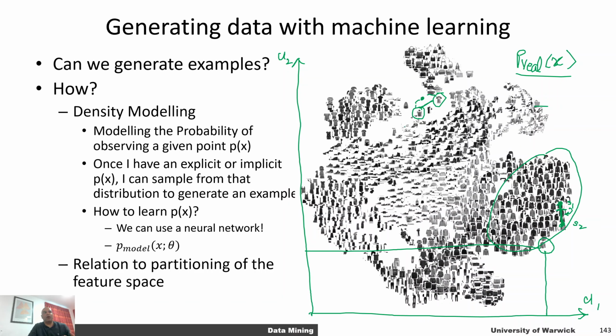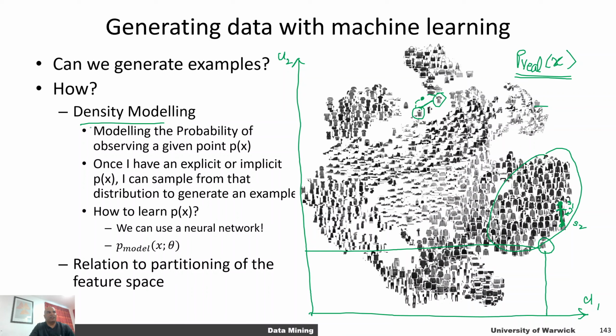Okay, so I hope now you have an idea of what generative machine learning models do. They essentially generate examples. So we can generate examples by doing density modeling. By density, I mean the probability density. I have told you that the real data generation process has an underlying very high dimensional data density that it uses to generate examples, or spits out examples and throws them at the labeling machine, which then assigns them a label, right?